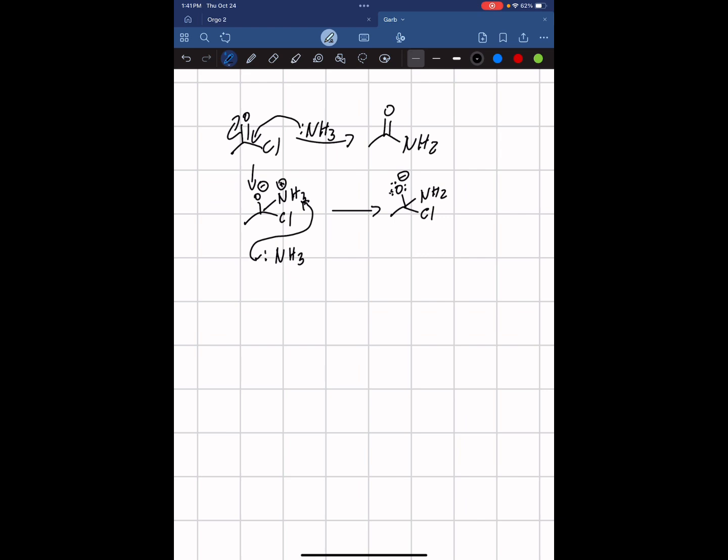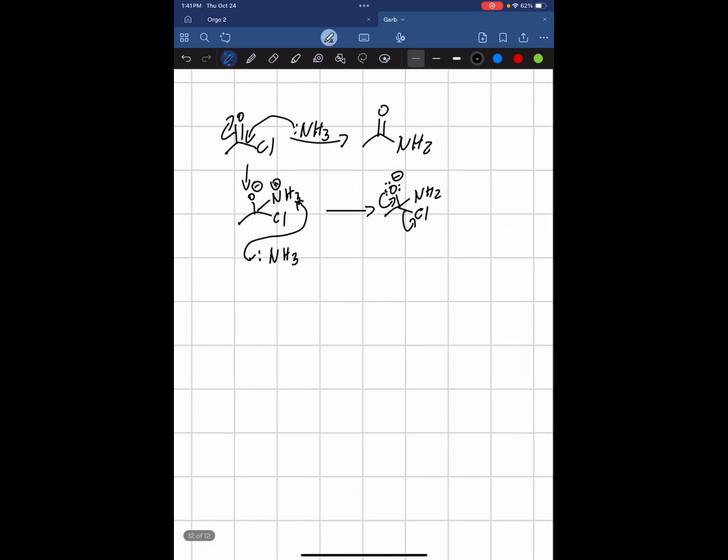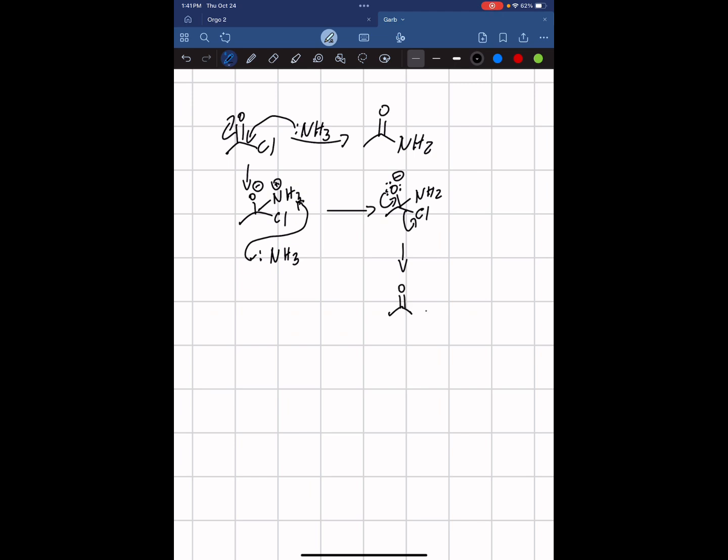From here, the lone pair is going to fall down, and the chlorine is going to get kicked off. And there you go, that's how you make an amide. It's a very simple mechanism, not too complicated. And we're going to move on to the next one.